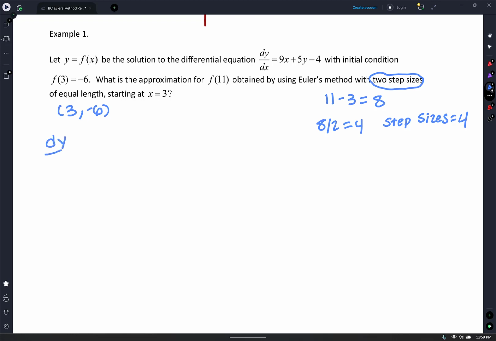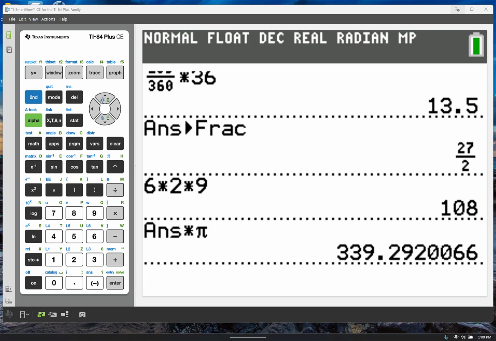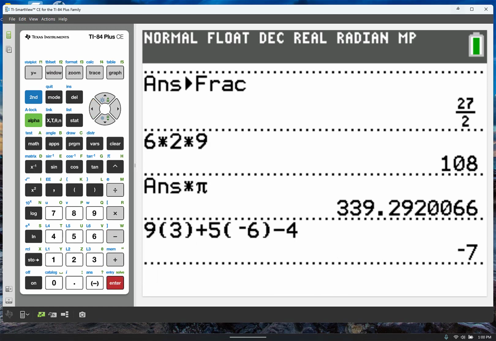So dy/dx at (3, negative 6) equals 9 times 3 plus 5 times negative 6 minus 4, which is going to be equal to, let's bust out the calculator. 9 times 3 plus 5 times negative 6, minus 4, so it's not plus. Minus 4. Negative 7, let's go.